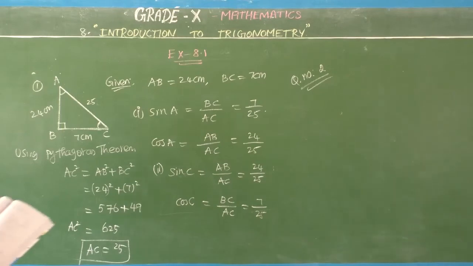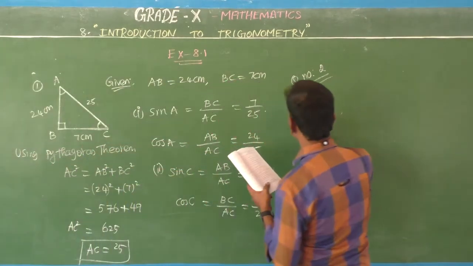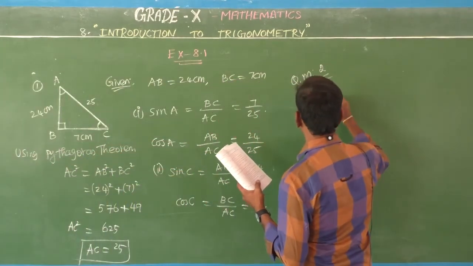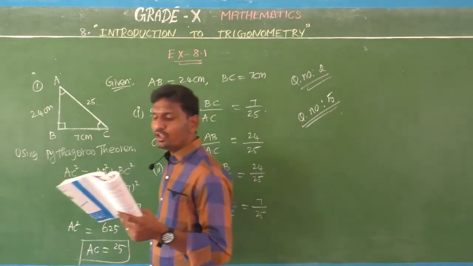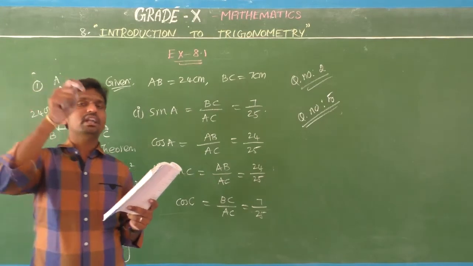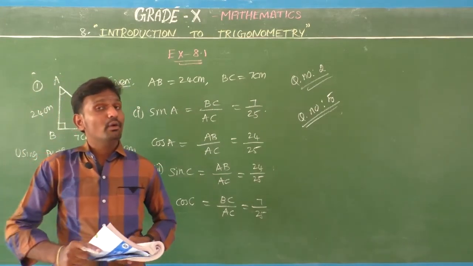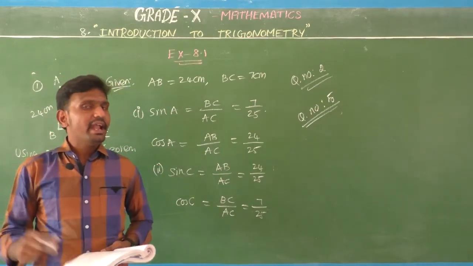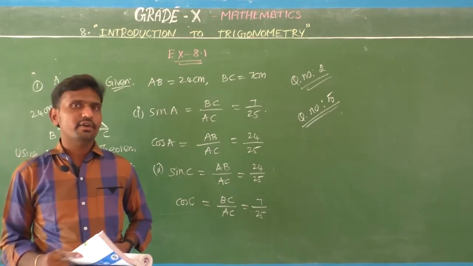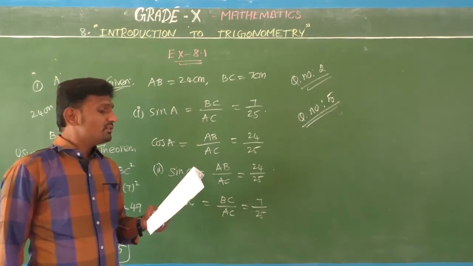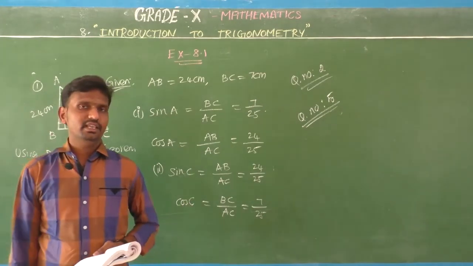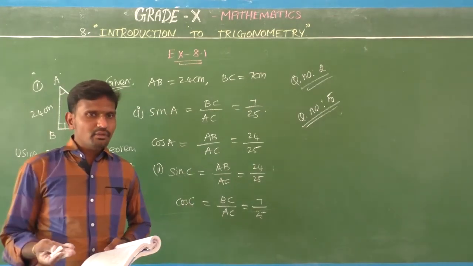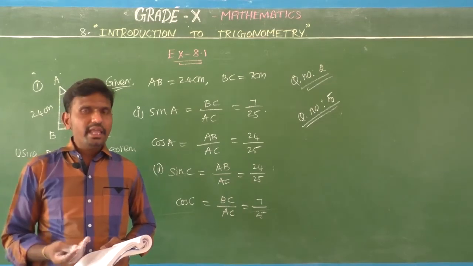Question number 5 also has the same pattern as the first example. In example 1 they gave tan A and we found the remaining trigonometric ratios. Now in question number 5, secant theta is given. Secant theta means hypotenuse by adjacent side.